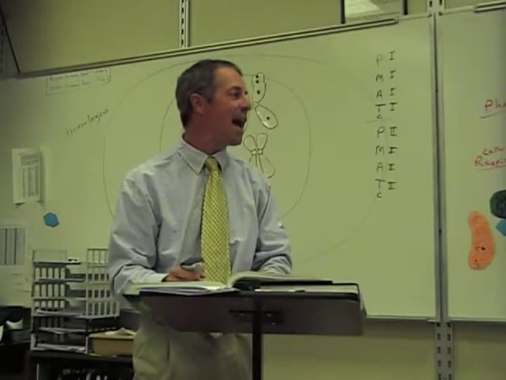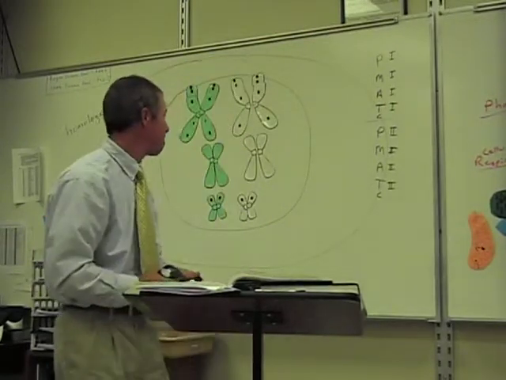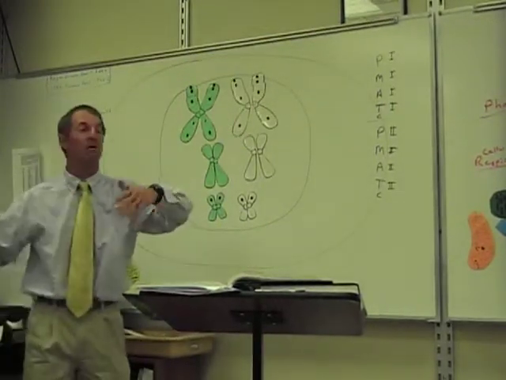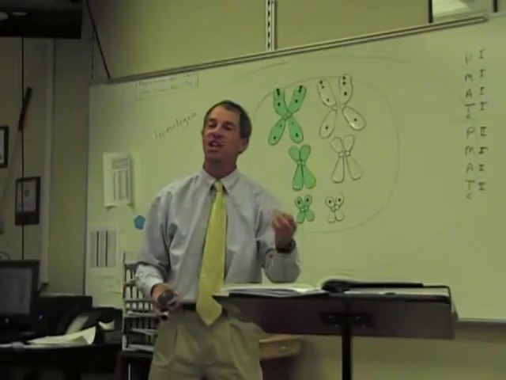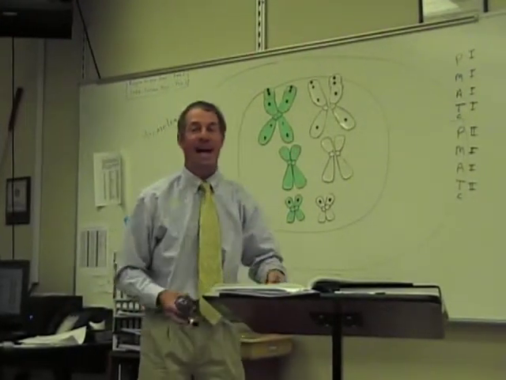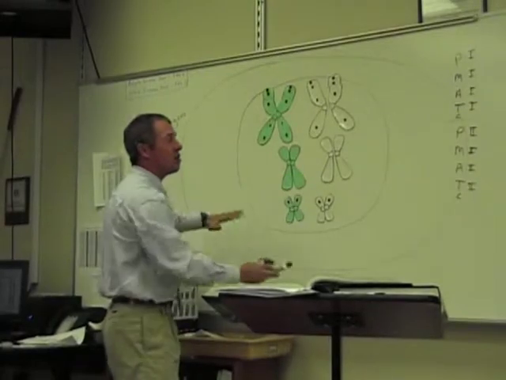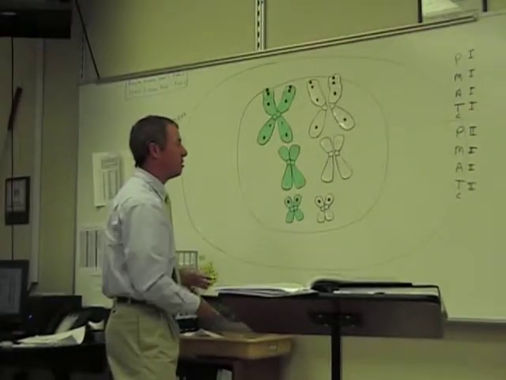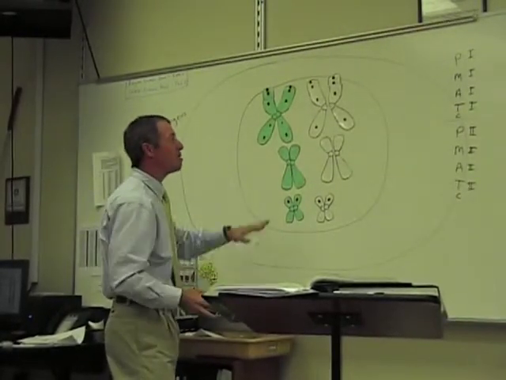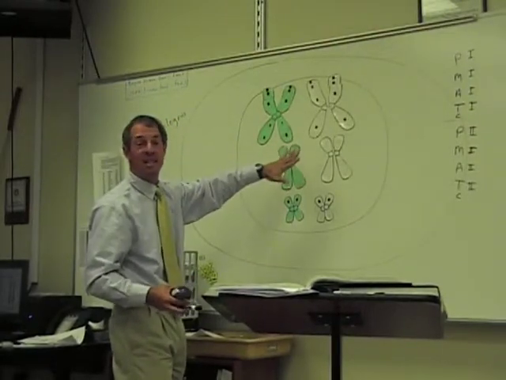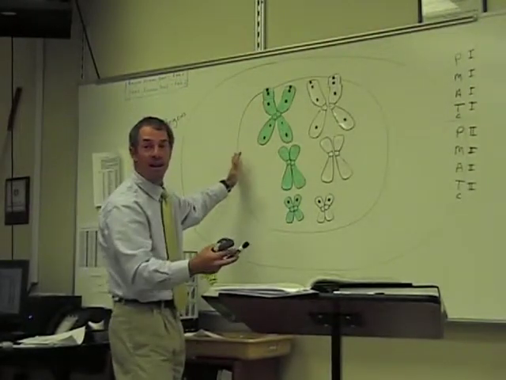Now, where is this happening in your body, or in the body of any animal or plant out there? It happens in the sex organs. In females, this is happening in your ovary. This is an ovary cell. In males, this is happening in your testes. This is a testes cell.